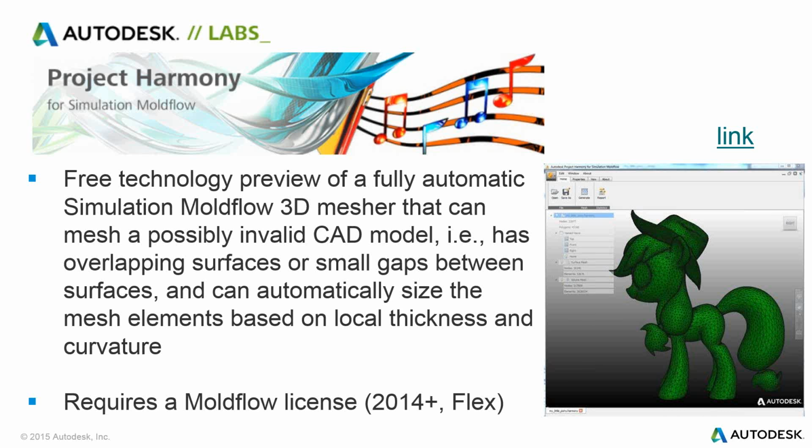So if there are overlapping surfaces or flaws that would prevent our normal meshing procedure from proceeding, Project Harmony will do what they call a shrink wrap of the outer shape of the part, and use it as a basis for the mesh generation.